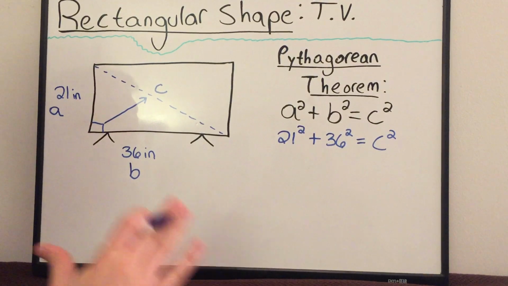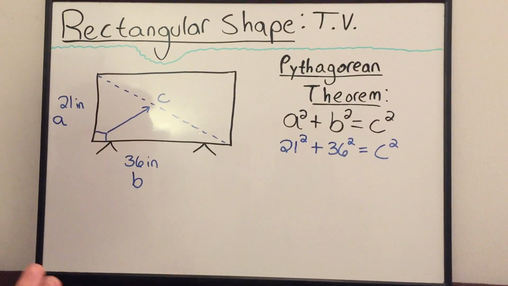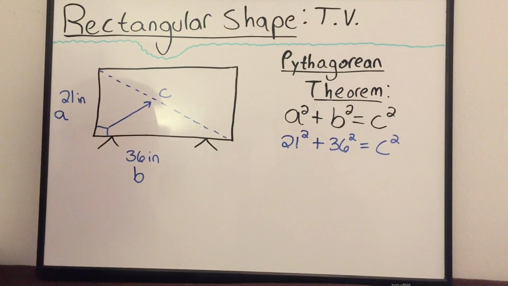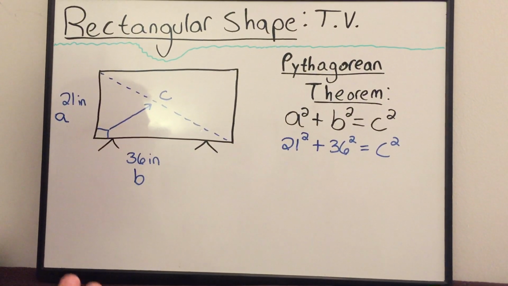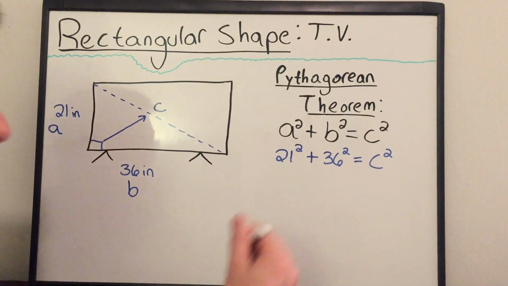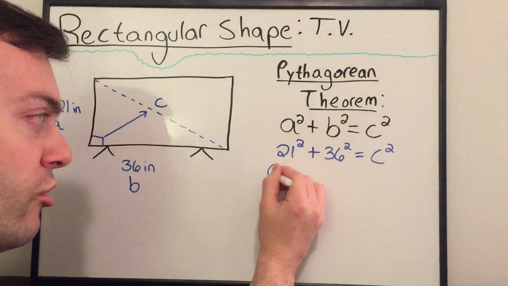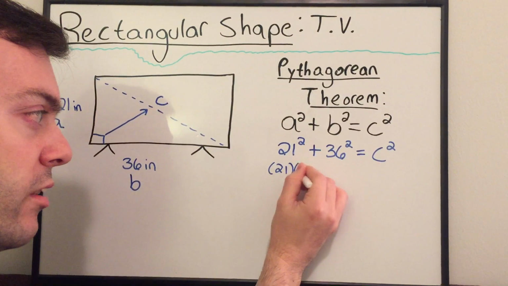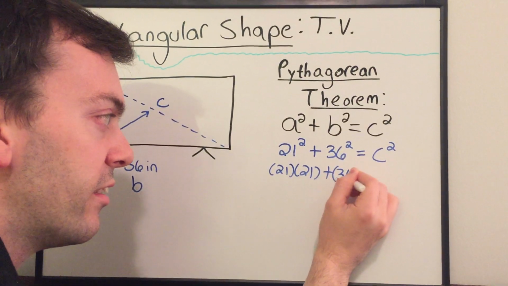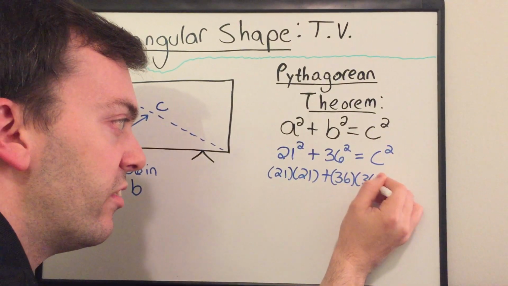Remembering back to week 3, we hit a snag when we were doing some exponent work, and we said, if we don't have a fancy calculator, how do we plug in exponents? Well, remember, this is just saying 21 times 21 plus 36 times 36.